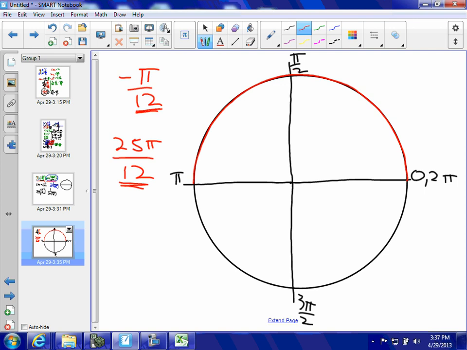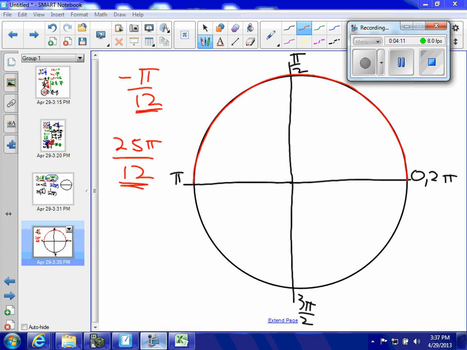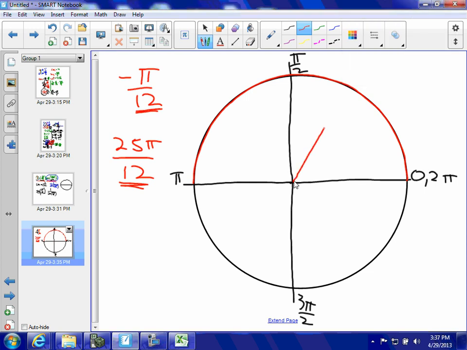I know that about here and about here would be my pi over 6s, because this divides the top part of my unit circle into 6 pieces.